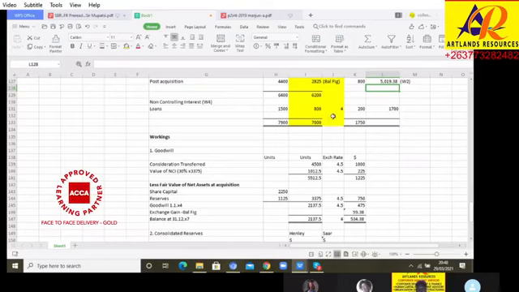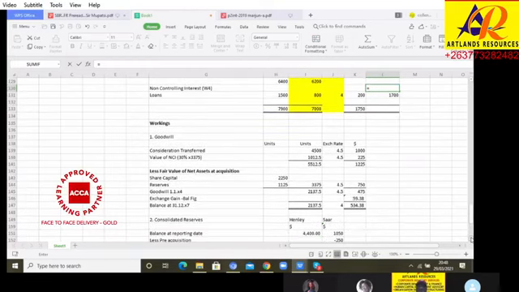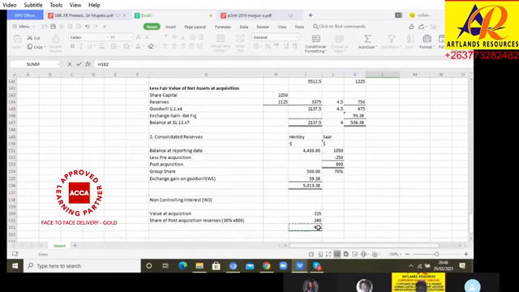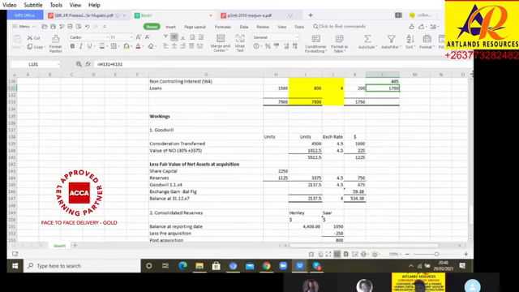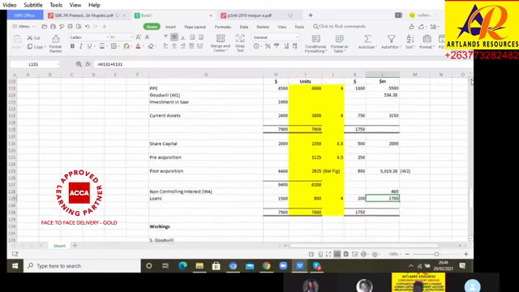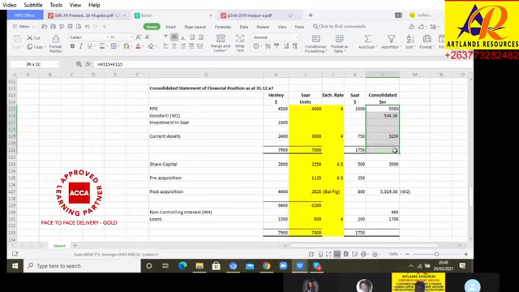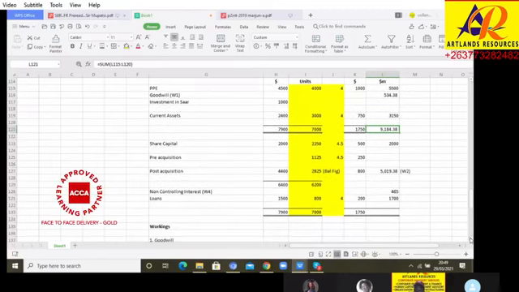NCI, you come to your working 3, 465. Enter. Then see if this balances. 9184.38. I balance this, total them, 9184.38. So I'm done. My statement of financial position is balanced.